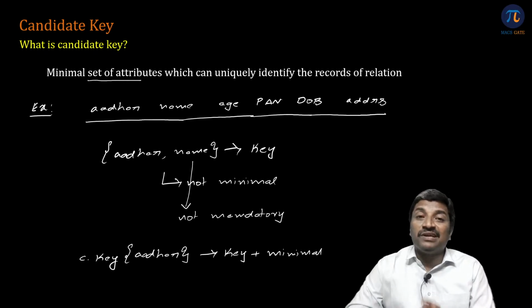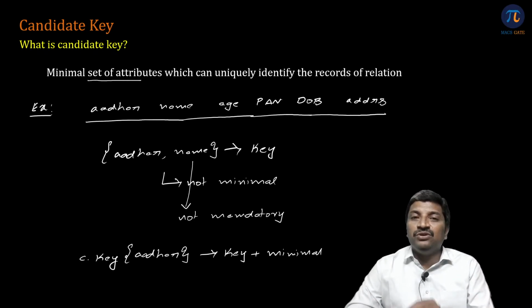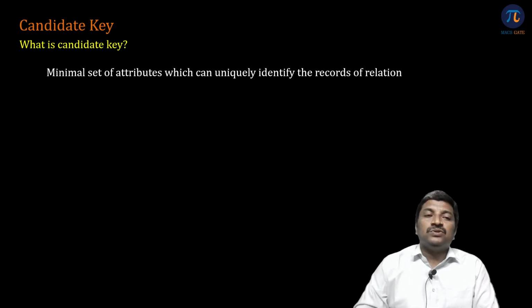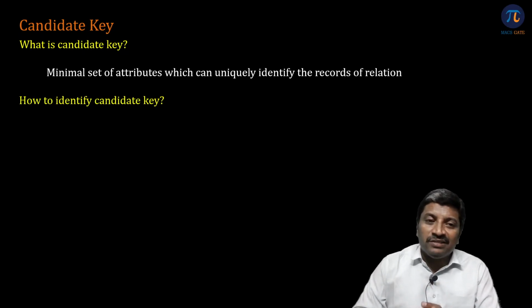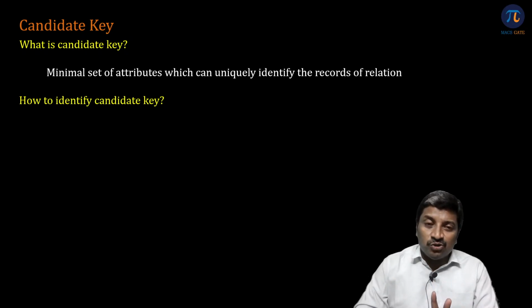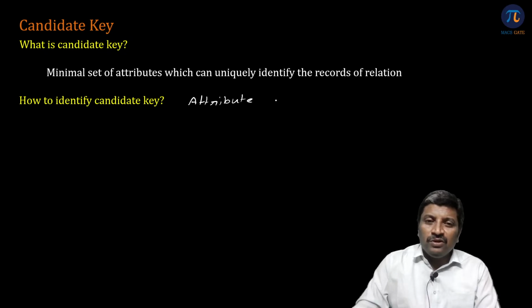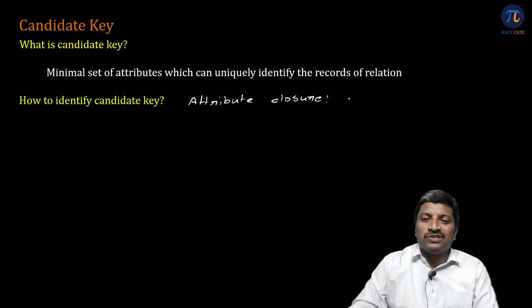For that, we use functional dependencies. So how to identify the candidate key? Whenever we know the functional dependencies, as I told you, to find a candidate key we use the concept of attribute closure. What is attribute closure, sir?